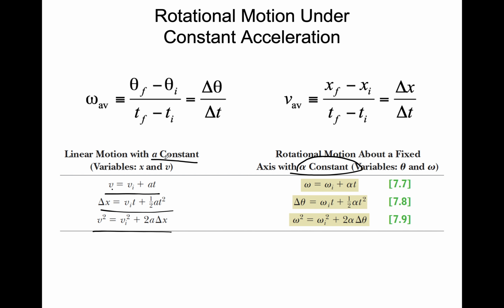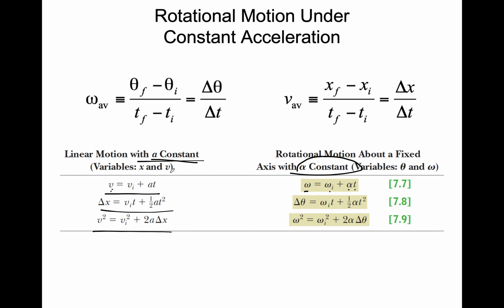In linear motion with constant acceleration, final velocity equals initial velocity plus acceleration times t. In constant angular acceleration motion, final angular velocity equals initial angular velocity plus angular acceleration times t. There is a one-to-one correspondence.